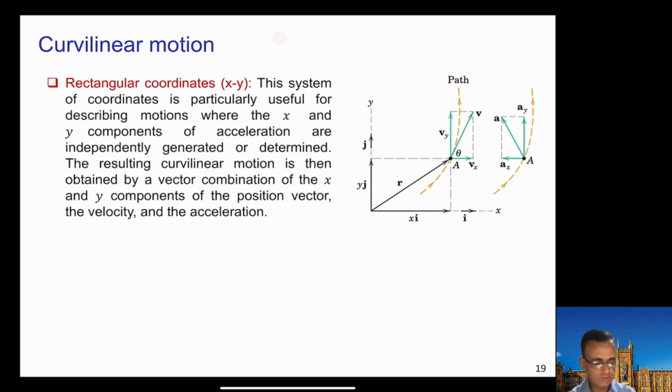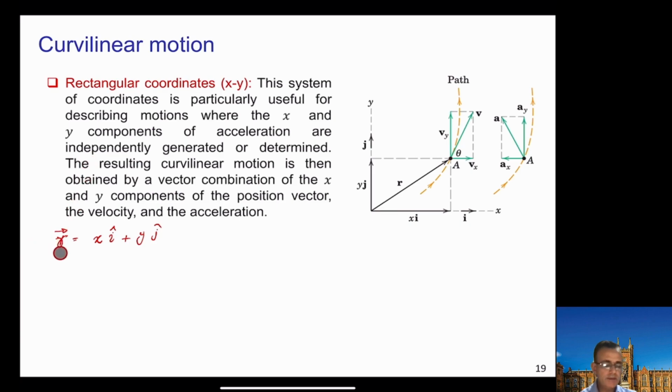So we can write r, which is a vector, as x i plus y j. This i and j are the unit vectors. So i is the unit vector along x, and j is the unit vector along y. So we can write r in this way here.